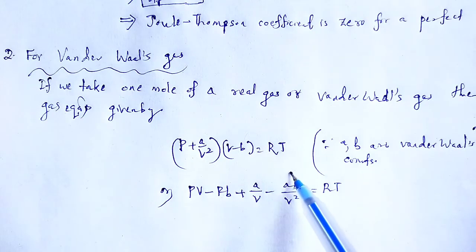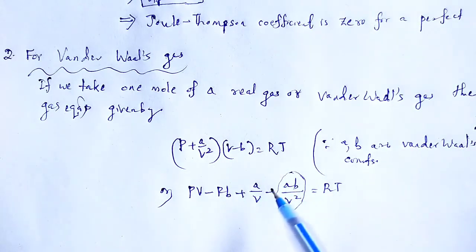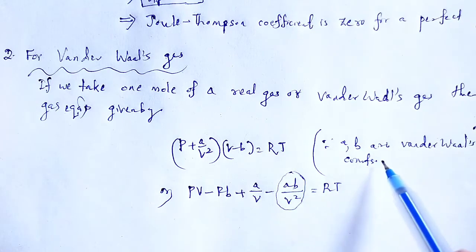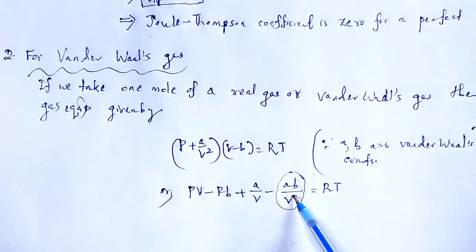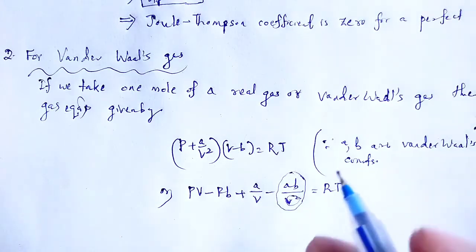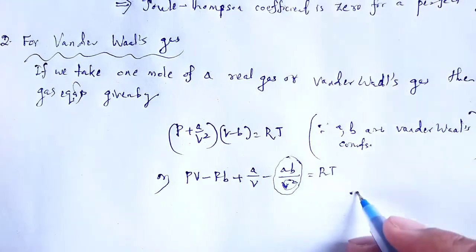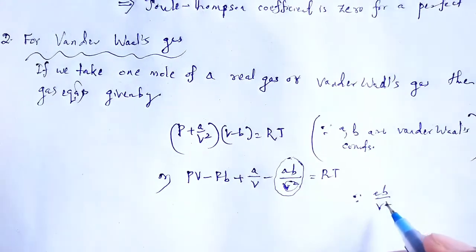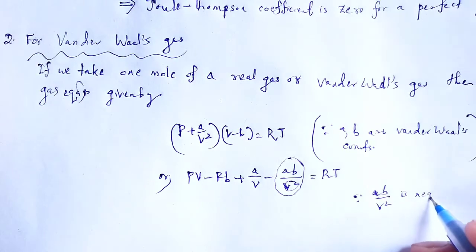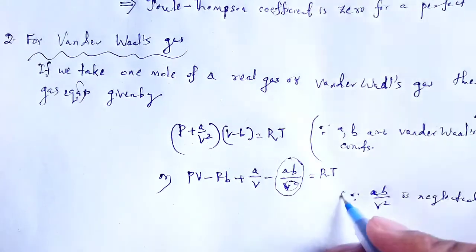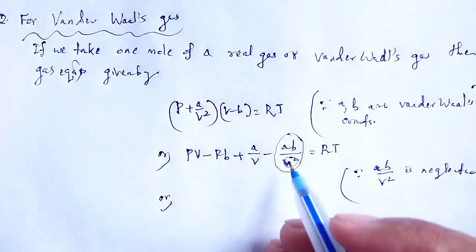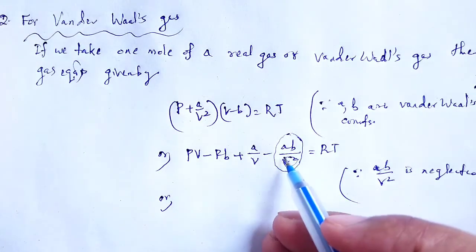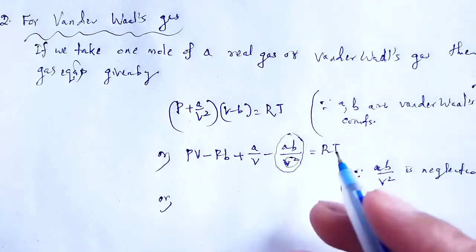Here the term ab by V square is neglected, since a and b are very small in comparison to the volume.